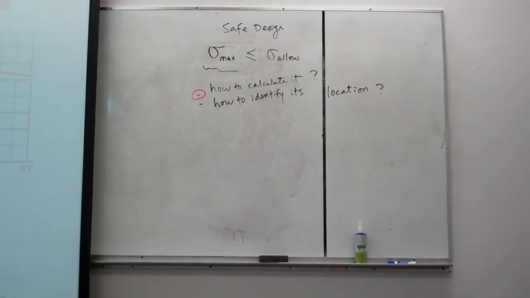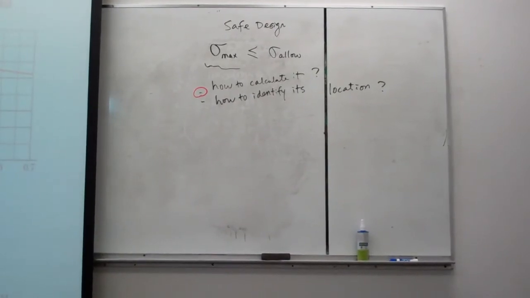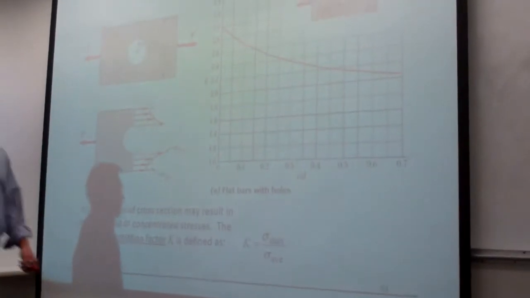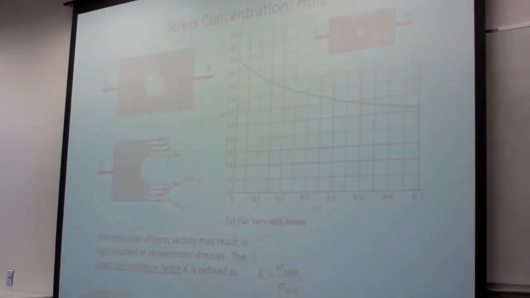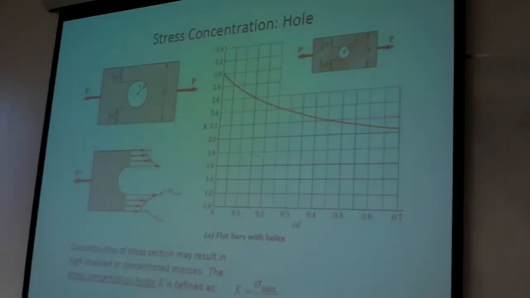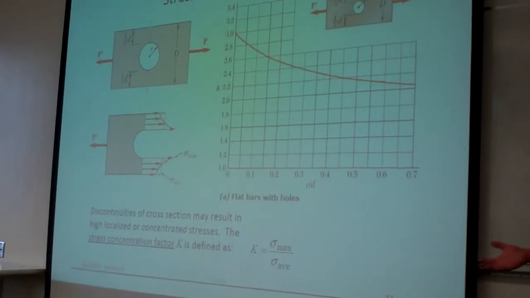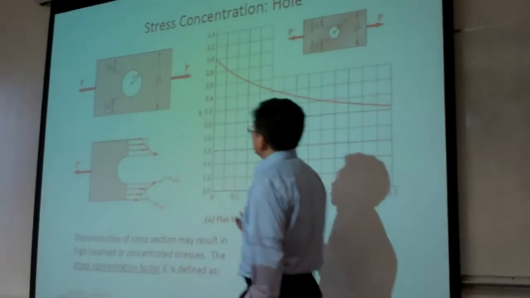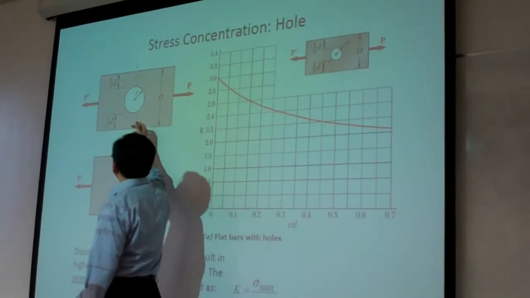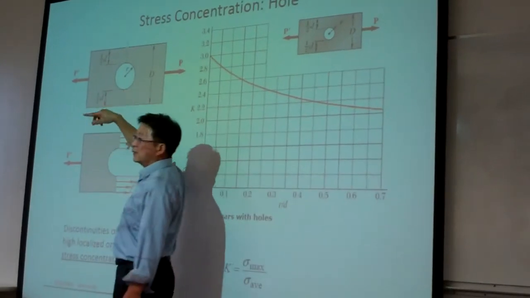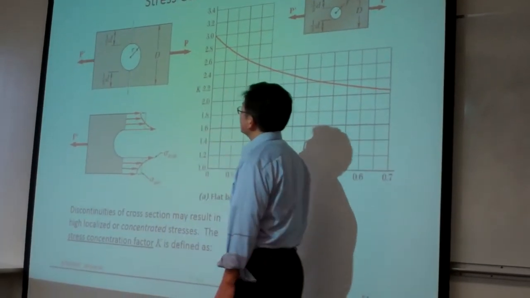Here in our textbook, we use two material models. The material models by themselves create the situations where stress concentration occurs. The first one is a uniform plate, and then we simply cut a hole out of it.